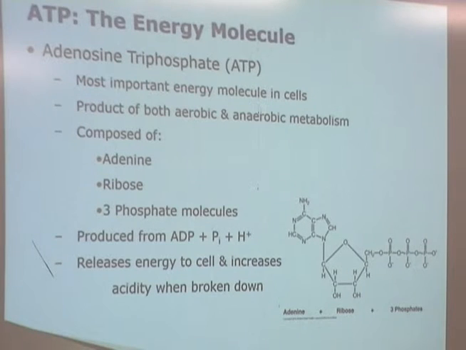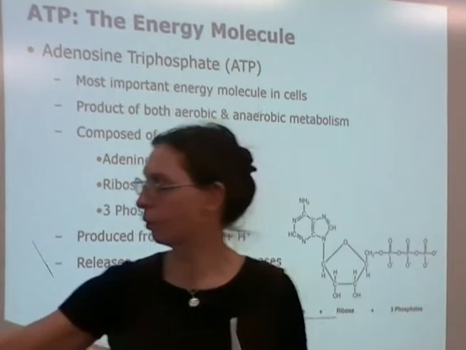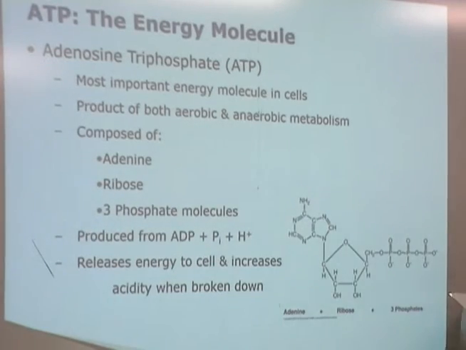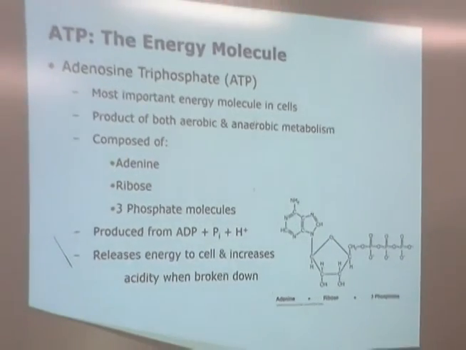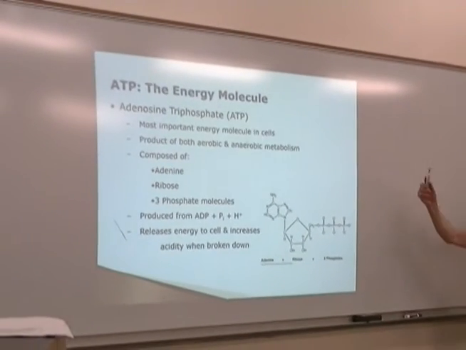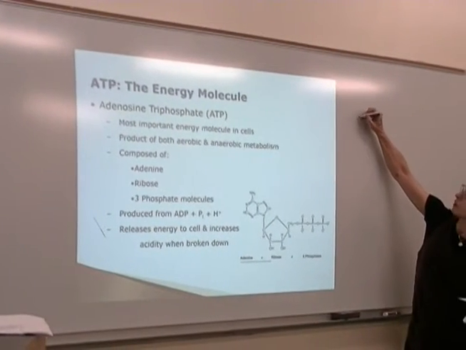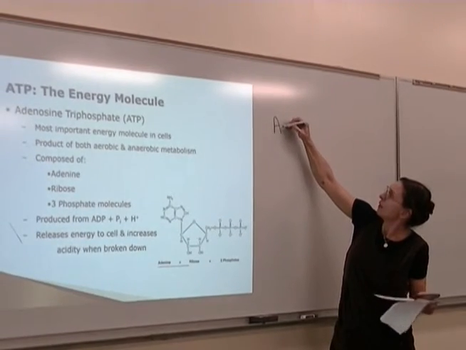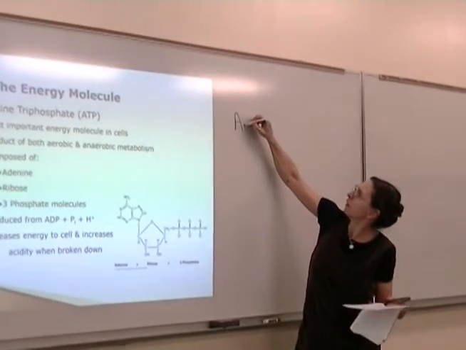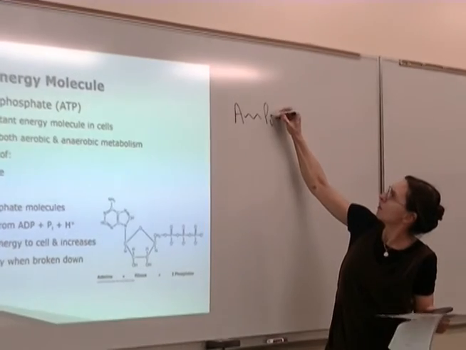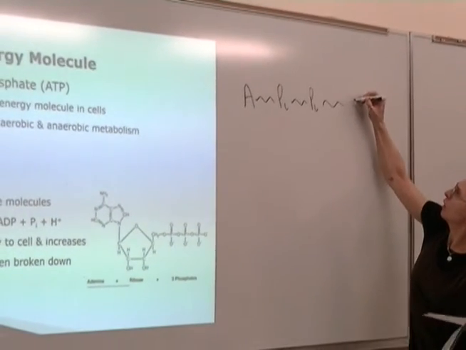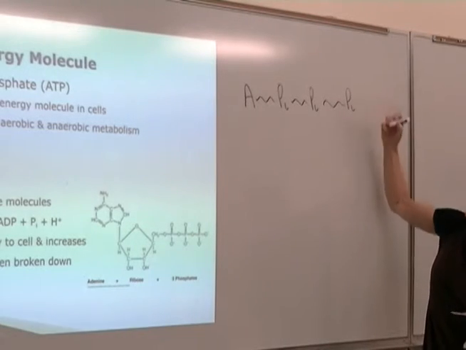And when I have ATP available, ATP has an energy bond in it that I can access for muscle contraction. So I have adenosine plus a phosphate plus a phosphate plus a phosphate.